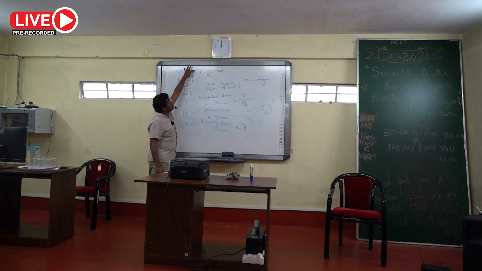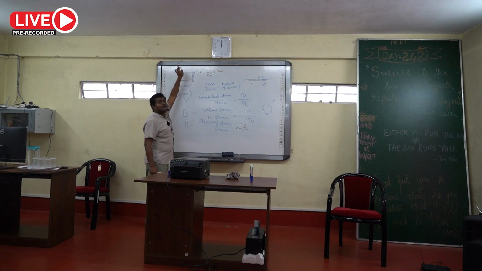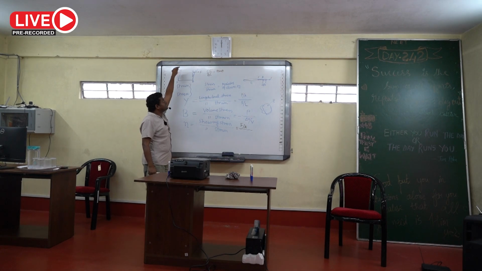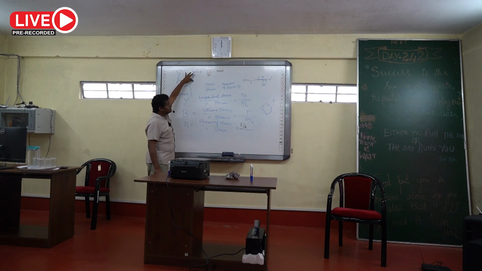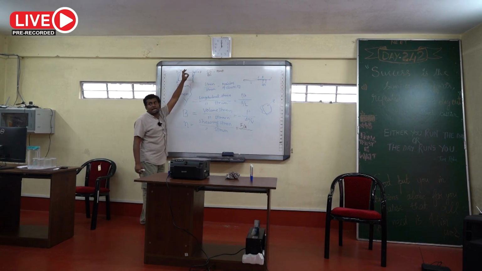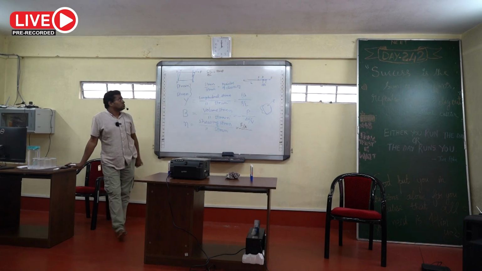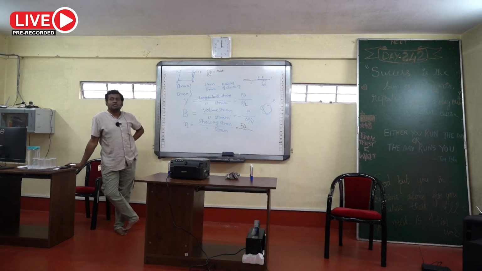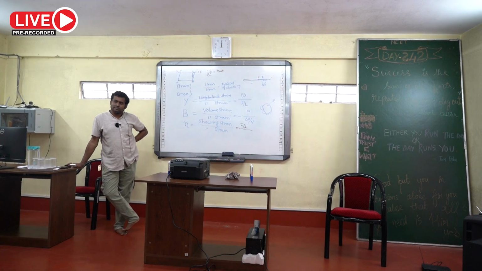So this one is perpendicular, this side is base, and BC prime is the hypotenuse. So tan theta is perpendicular by base. So we write C prime by BC equal to tan theta.